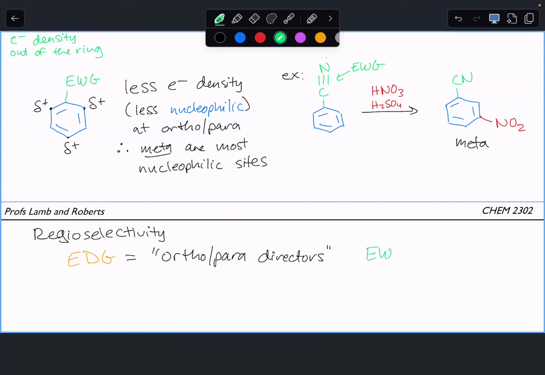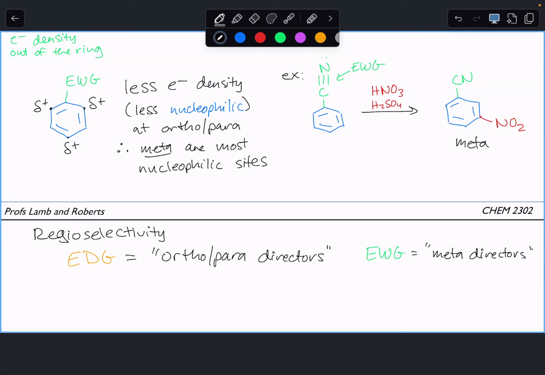And then for electron withdrawing groups, we call those meta directors because it's directing reactivity to the meta position, right? For the resonance reasons that we just talked about. Okay, so those are strong donating, strong withdrawing.